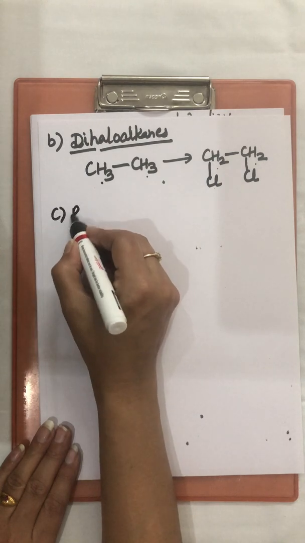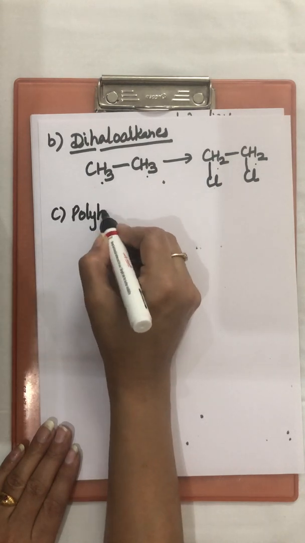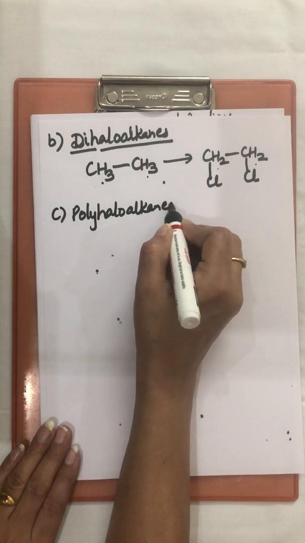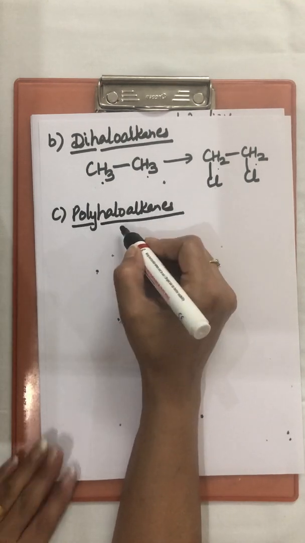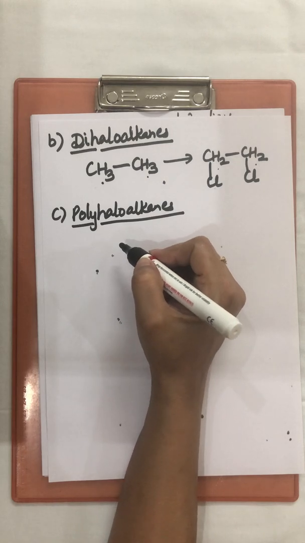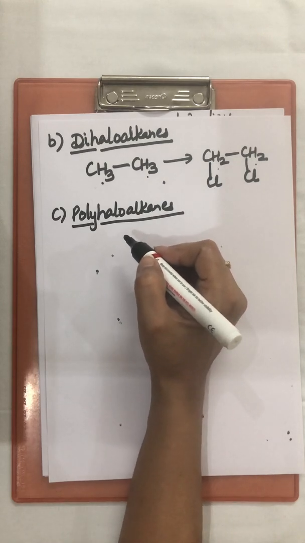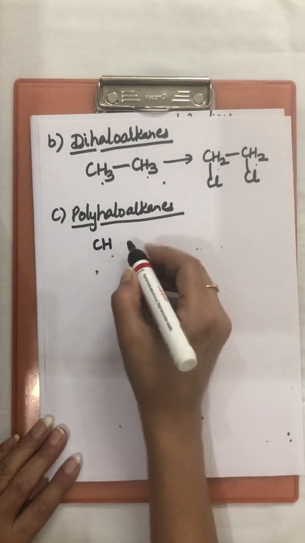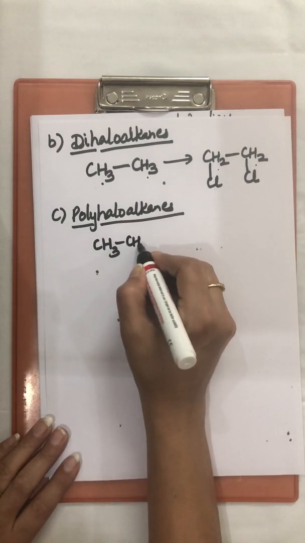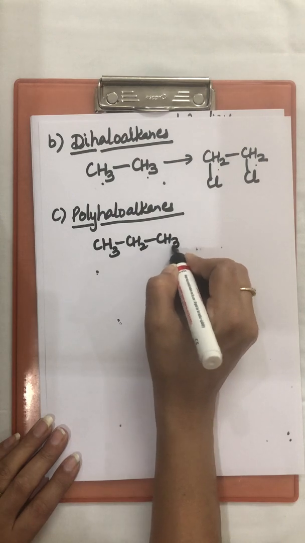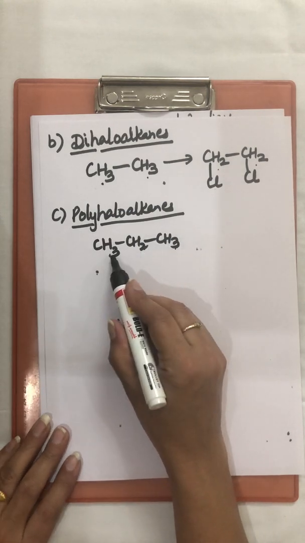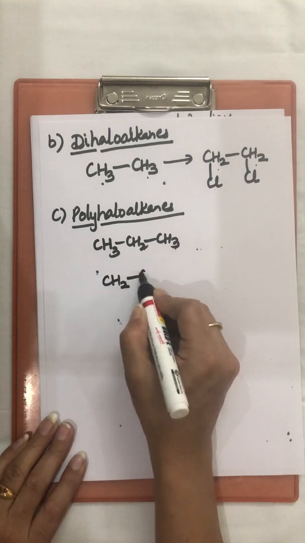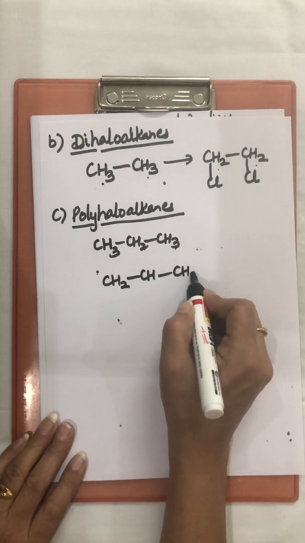Third type, polyhaloalkanes. Now poly means many. If more than two halogen atoms are there, that is called polyhaloalkane. Propane, if we remove one hydrogen atom from each carbon, we are getting CH2, CH and CH2.